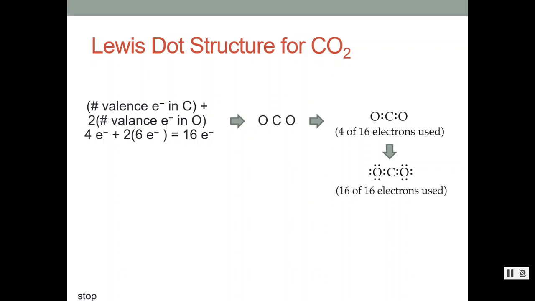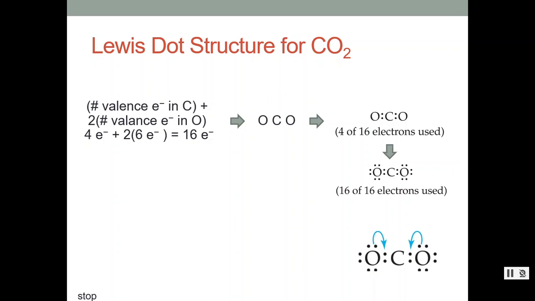So this example illustrates what needs to be done when you have a central atom that does not have an octet of electrons. You look at the outer atoms and see if those outer atoms have any lone pairs of electrons that can be shared to form a double or a triple bond, so the octet of the central atom is satisfied.